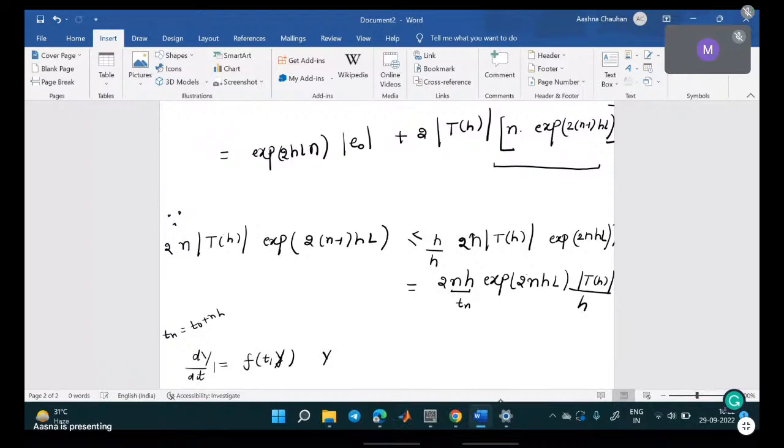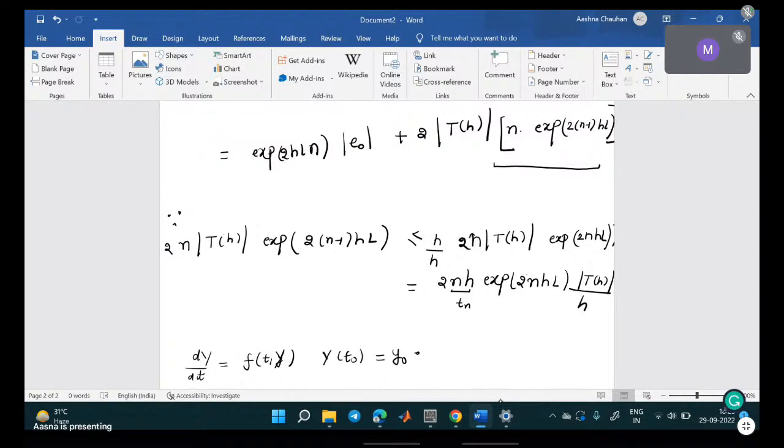And the initial condition I have taken as y at t naught as y naught. Right, here I have not mentioned the value of t naught, no?